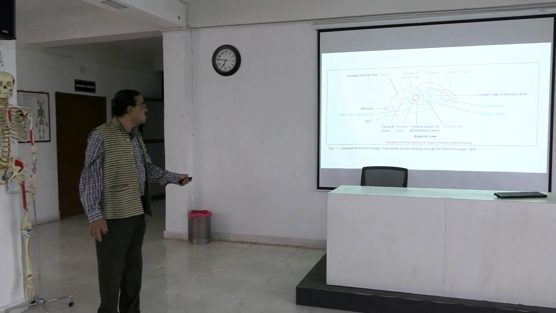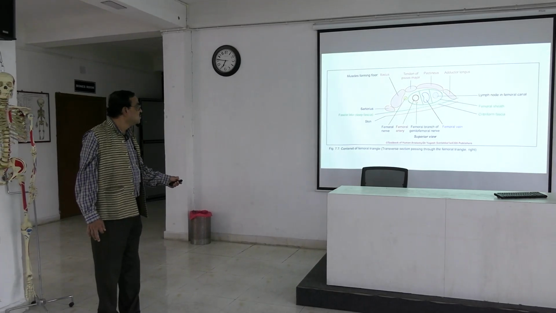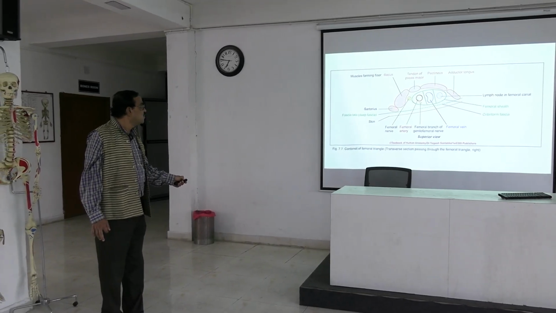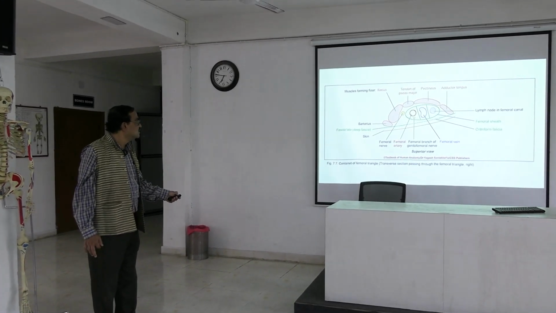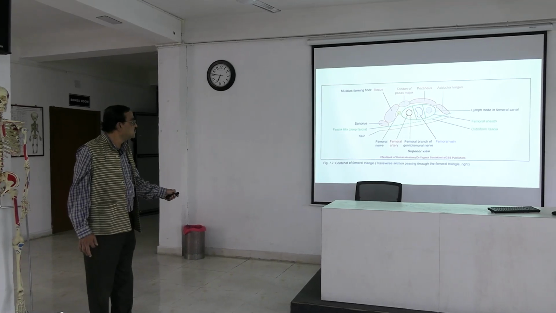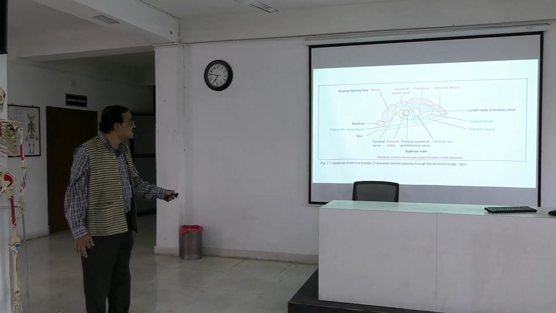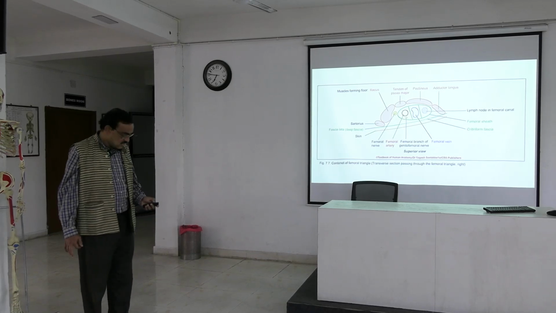Posteriorly we can see there are so many muscles. Most laterally we can see the sartorius, then the iliacus, then psoas major muscle, then pectineus muscle, and this is the adductor longus muscle.